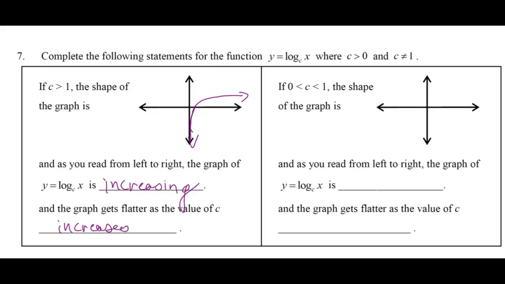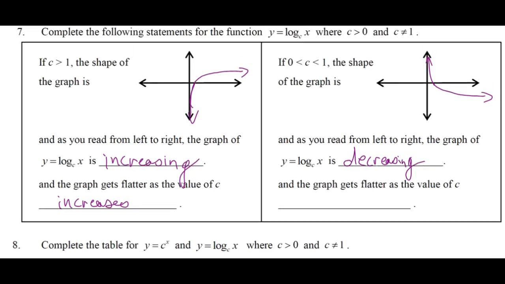Okay. If c is between 0 and 1, what does the shape of the graph look like? Doing this. As you read from left to right, the graph is decreasing, because going down just doesn't cut it.